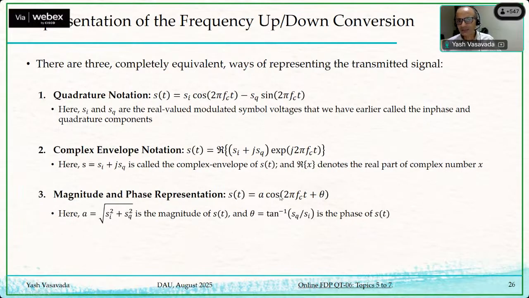These three are completely equivalent representations of the same exact signal, s(t). You can take this first equation and write it also as A times cosine of 2π f_c t plus θ. What is A? A is the magnitude of s(t), square root of S_I squared plus S_Q squared. And θ is tan inverse of S_Q over S_I, the phase of s. Sometimes this is also called the polar representation.